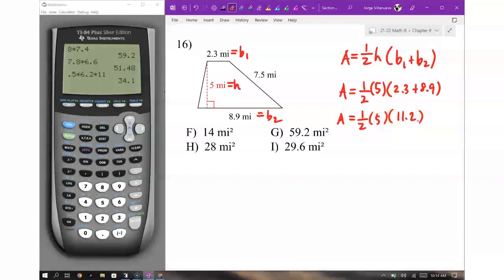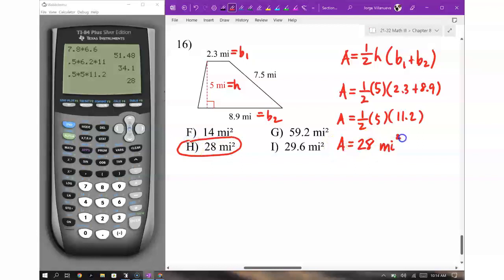So let's go ahead and multiply. 0.5 times 5 times 11.2. And we get 28. Okay, so area is equal to 28 square miles, or miles squared, however you want to say it.